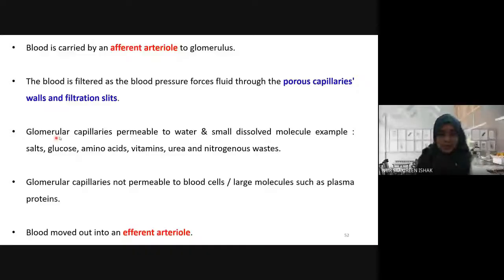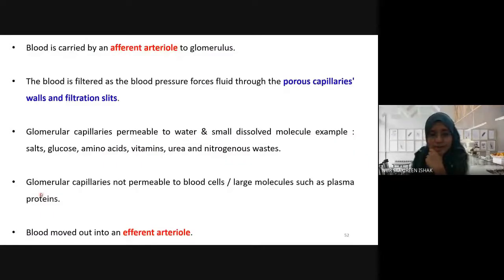Okay, so the glomerular capillaries is permeable to water obviously, and other small dissolved molecules such as salt, glucose, amino acids, vitamins, urea, and also nitrogenous wastes. Okay. This is another favorite question. So you have to know lah what are the substances that enter into the Bowman capsule from the glomerular capillaries.